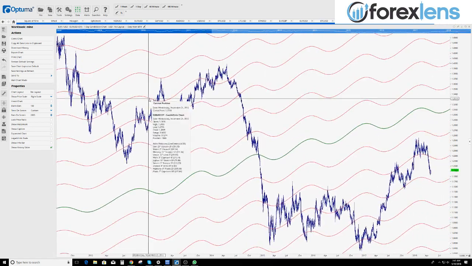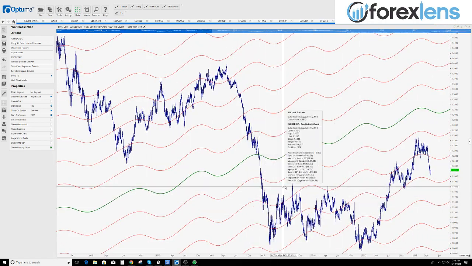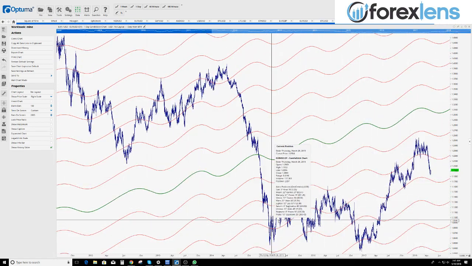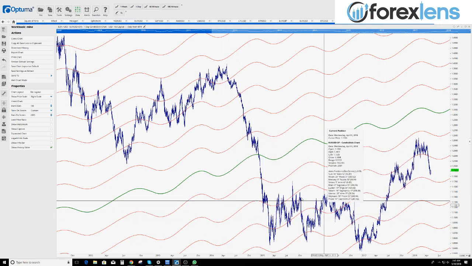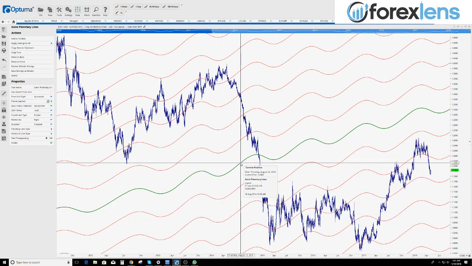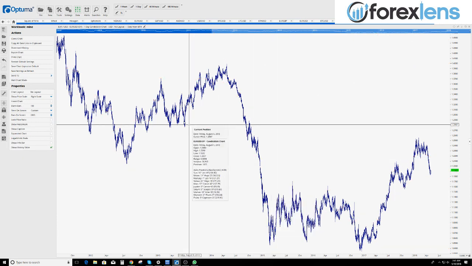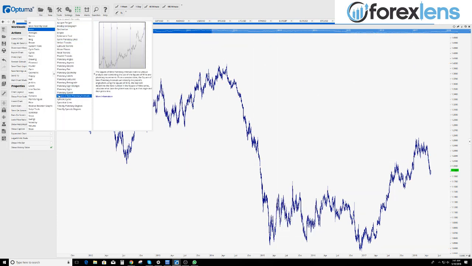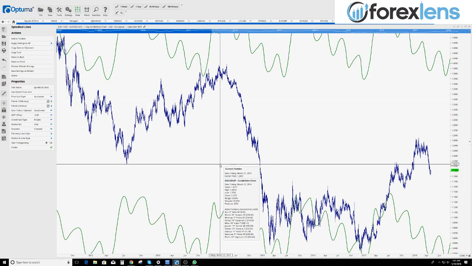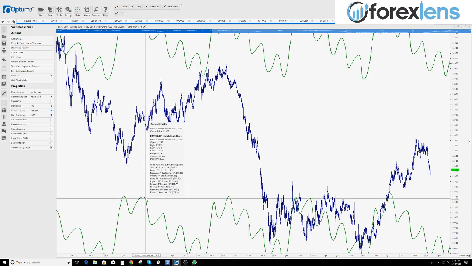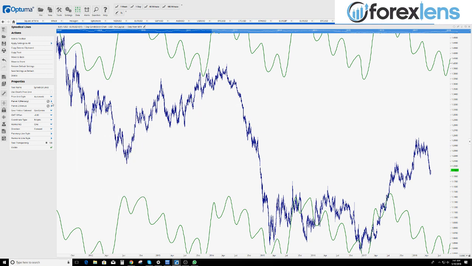Now, you put enough lines on here and it certainly is going to look like natural support and resistance. But I think a more clear definition of this is done using the synodic lines, and that's taking the combination of two planets.